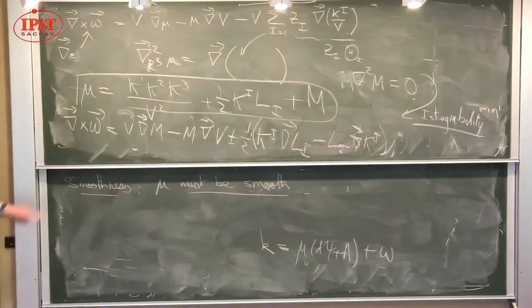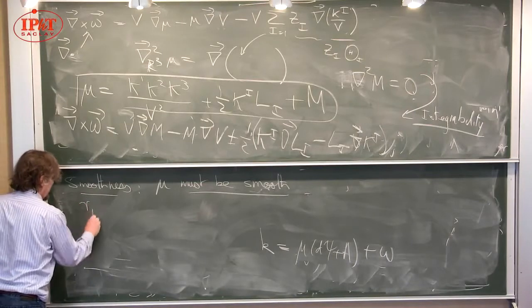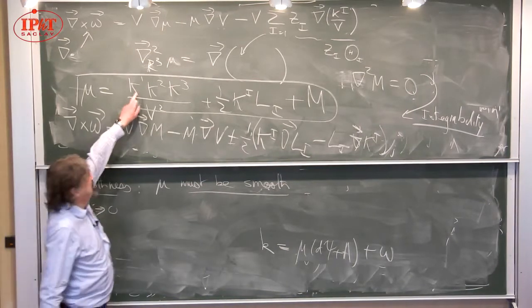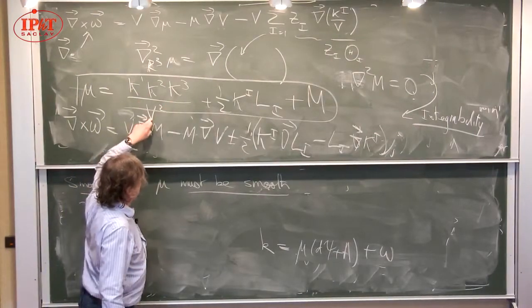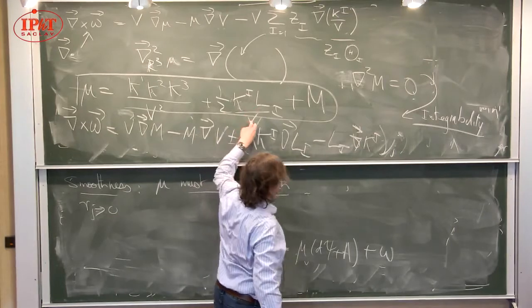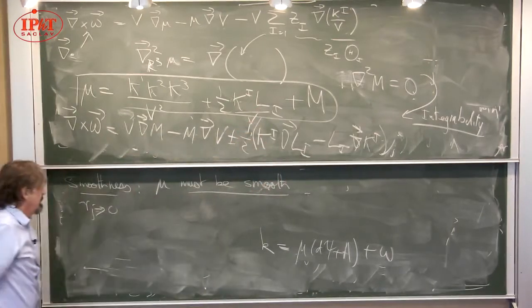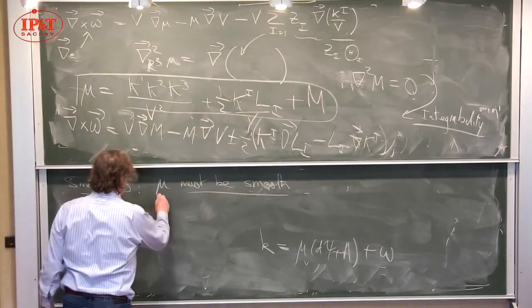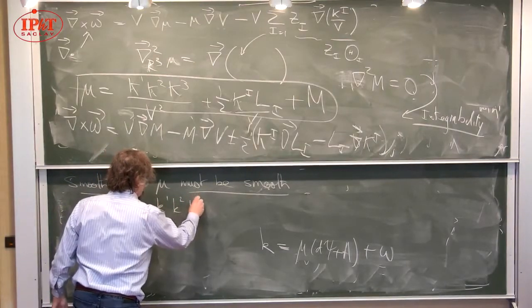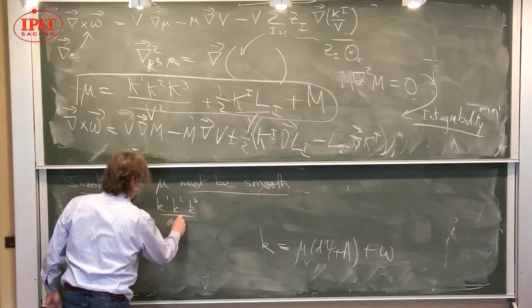Okay, so what does that mean? In particular, when Rj goes to 0, if you look at this, there's a dangerous singularity because this has got 3 poles, this has only got 2. Similarly, this has got 2 over V, this has got 2 poles, that's only got 1. So in particular, there's going to be a term in the form of K1 K2 K3 over Rj squared from the first thing.